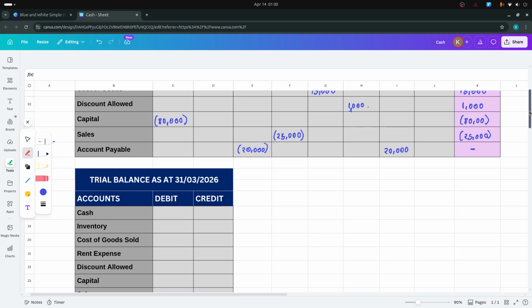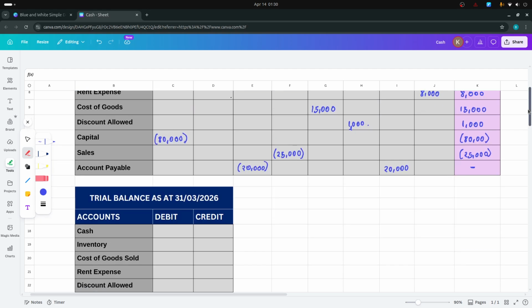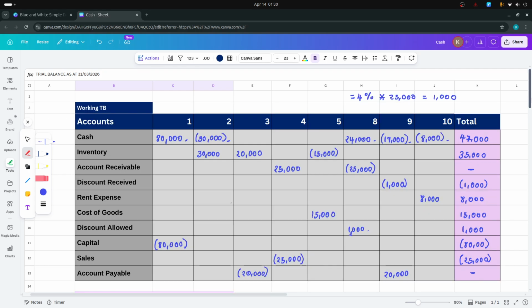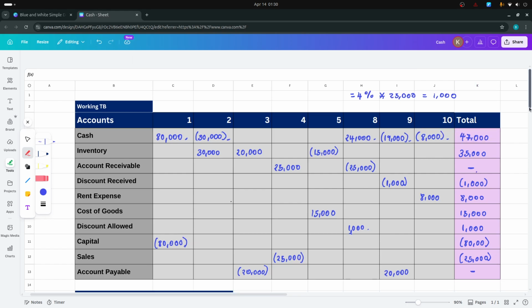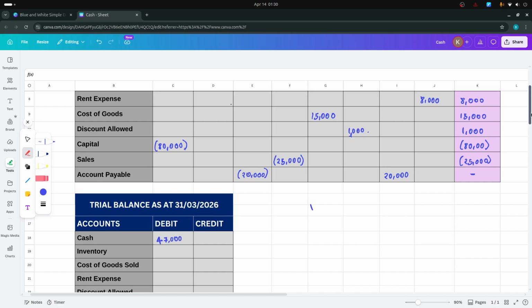Okay, so now let us look at our TB. How will it look? And as always, remember to write your trial balance as at a certain end period. This is very key. So what is the cash balance? The cash balance is 47,000, and the cash account is a debit account.